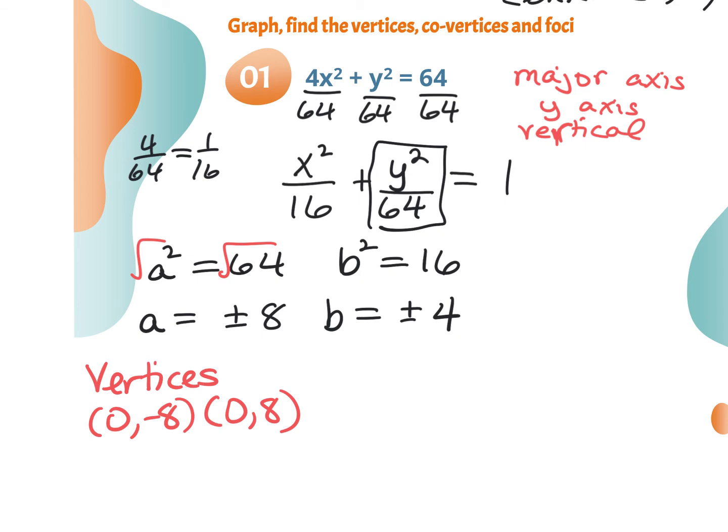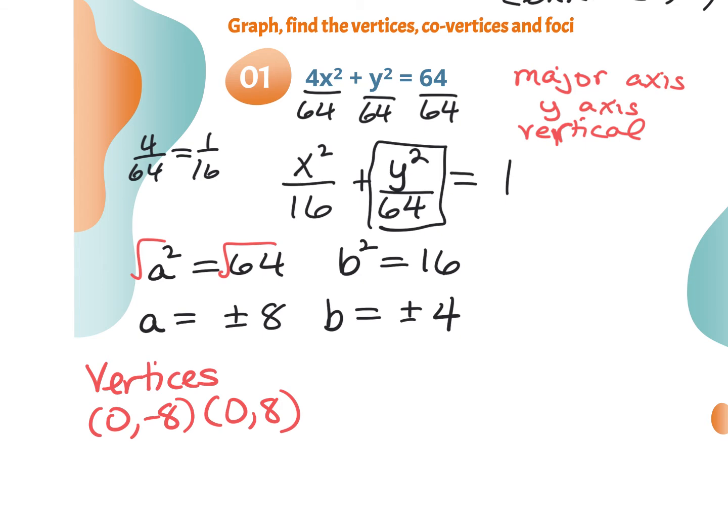So my smaller vertex is the negative 8. My bigger vertex is the positive 8. Everybody with me on that? So just make sure you're reading how they want you to enter the vertices, the order. Because if you put the 0, 8 first, it's going to mark it wrong because that's the larger one. So just read the order.